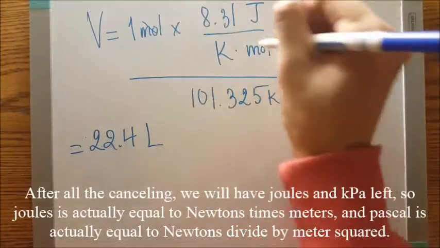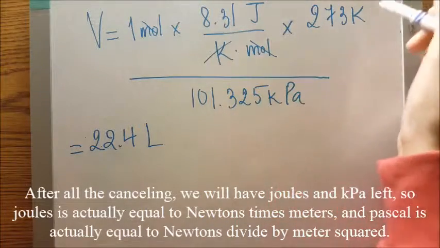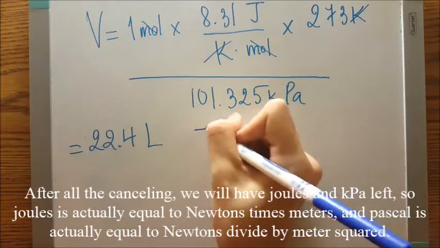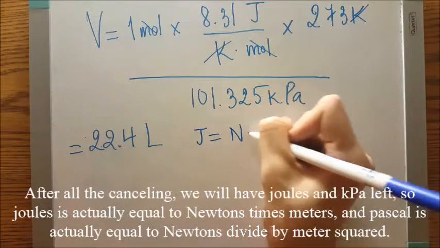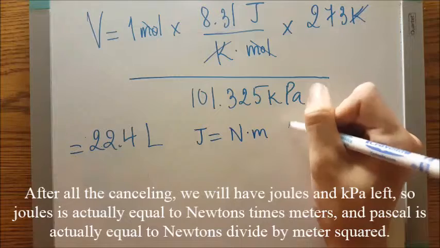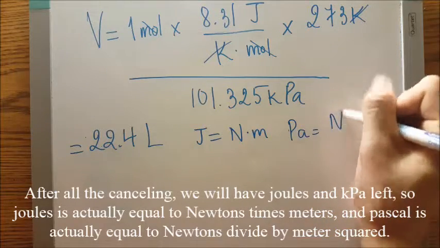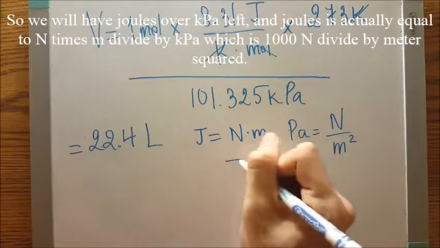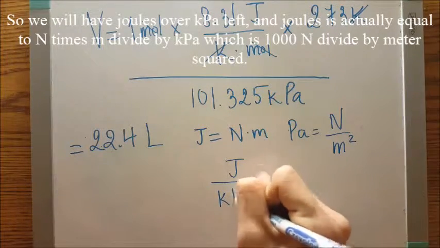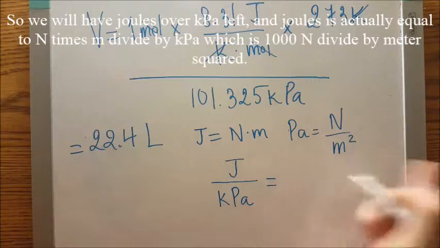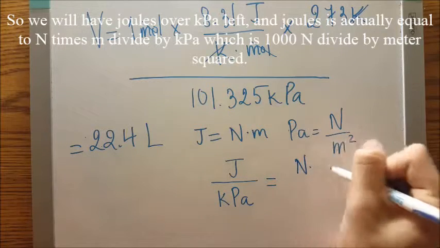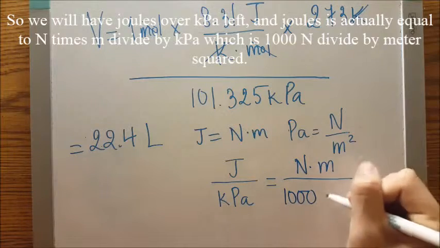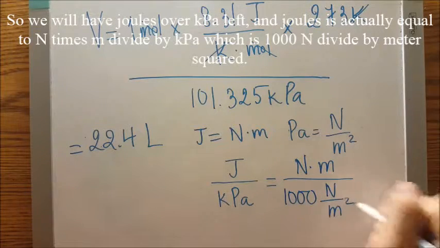After all the canceling, we will have joules and kilopascals left. So joules is actually equal to newtons times meter, and pascal is actually equal to newtons divided by meter squared. So we will have joules over kilopascals left, which is N times M divided by 1000 N divided by meter squared.